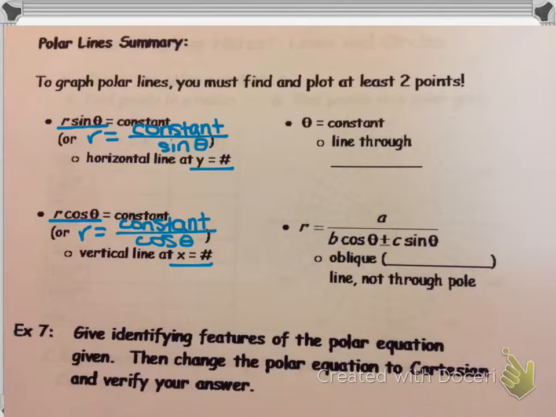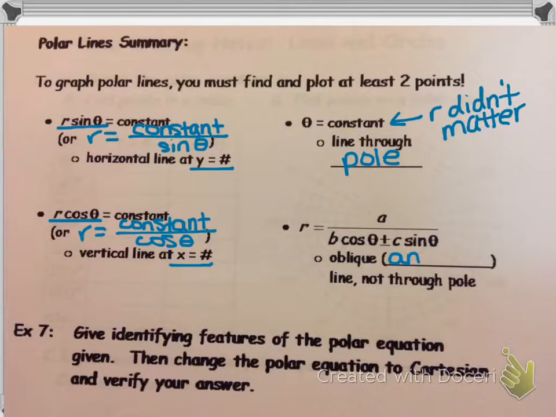The first line that we graphed was where theta was equal to a constant, so r didn't matter as long as you were traveling towards or away from that angle. And so what we have is a line through the pole at that point. And then the messiest one was the oblique line.